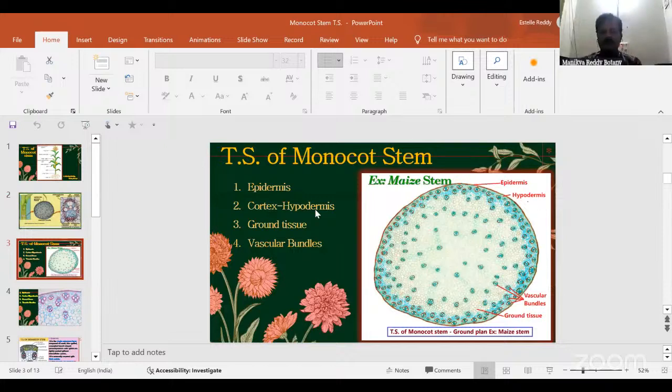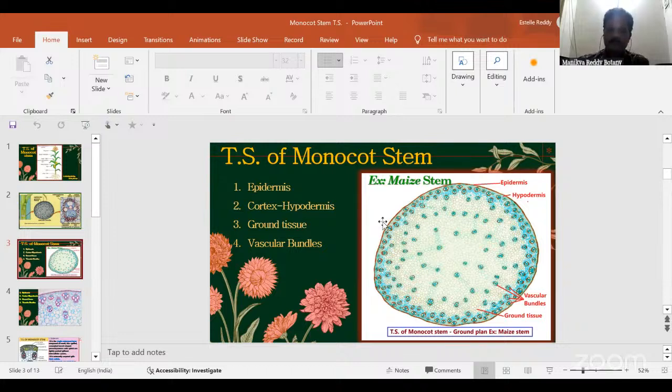Epidermis, this is epidermis, single layered cells. Cells are barrel shaped, closely packed, without intercellular spaces. The external surface of epidermis is covered with thick cuticle and no trichomes.